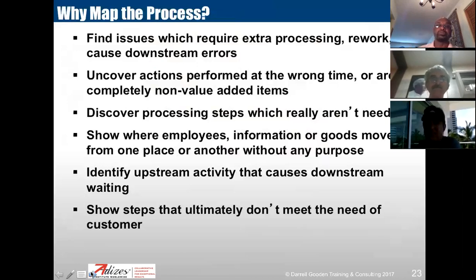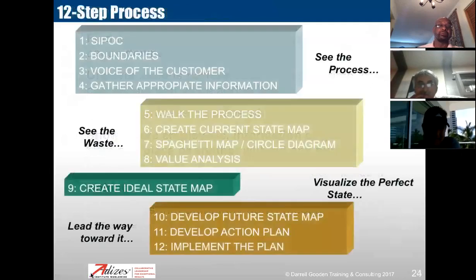So where employees, information or goods are moving too much, or maybe just there without a purpose, just for some reason it's left over from an ancient period of time in which it was once a valued thing and now it's just an impediment. And so all of these things are intended to become visible with the effort of a process map.